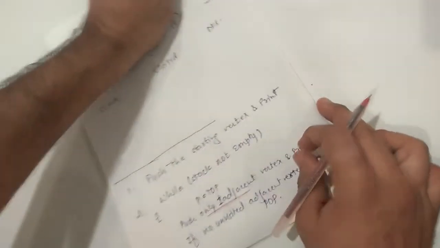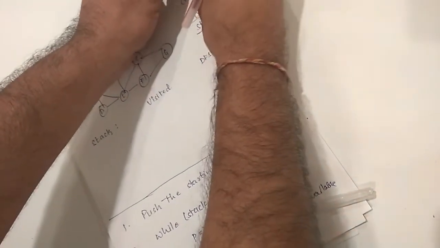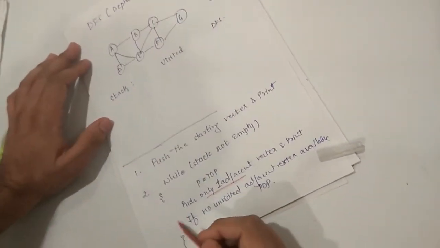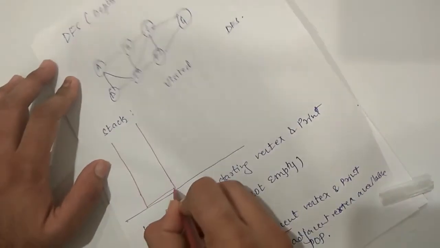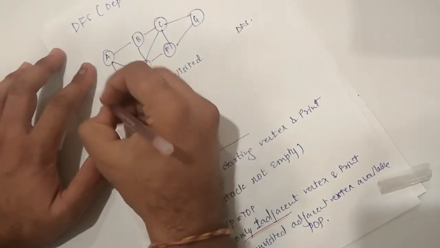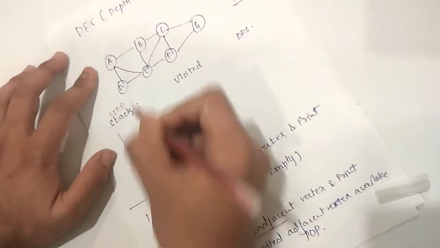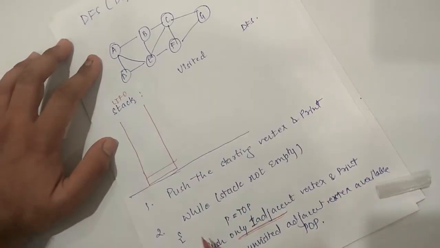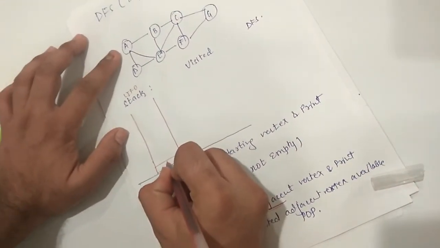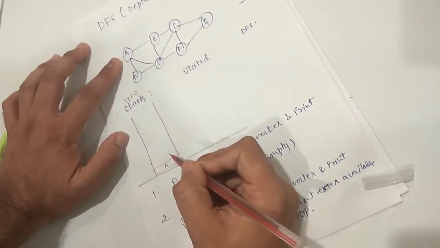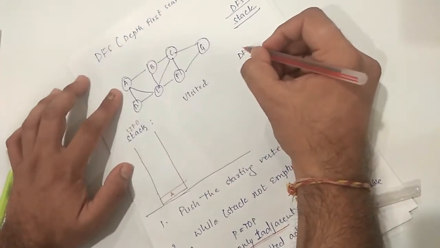Now let us try to solve this particular graph using this algorithm. So I am taking a stack. We know the properties of stack, that it works in LIFO manner, last in first out. Next, you need to push the starting vertex and print. So I am pushing the starting vertex. Let us consider A as our starting vertex.